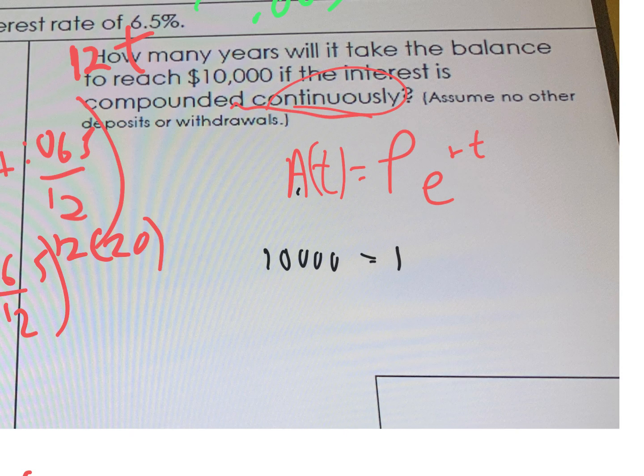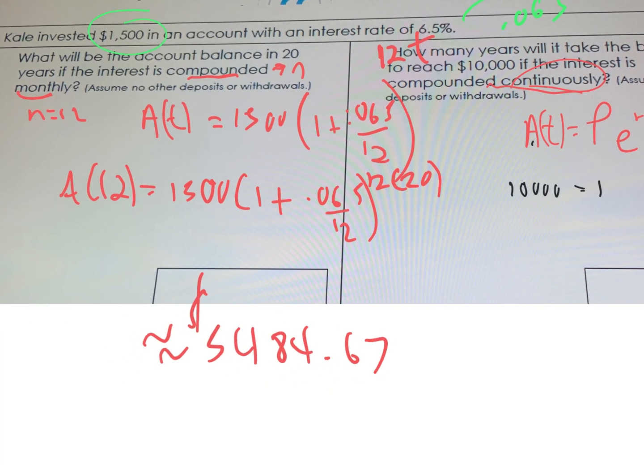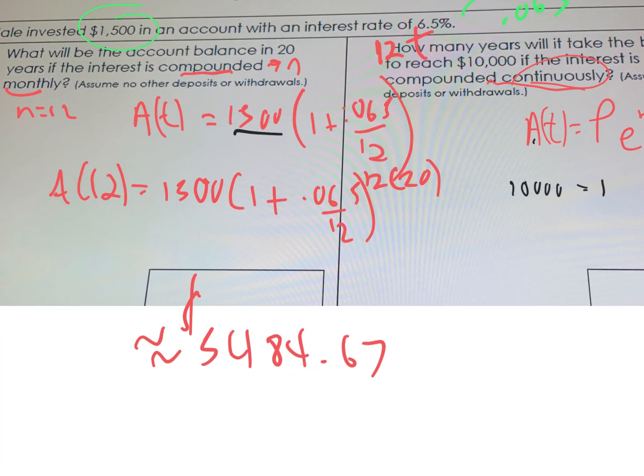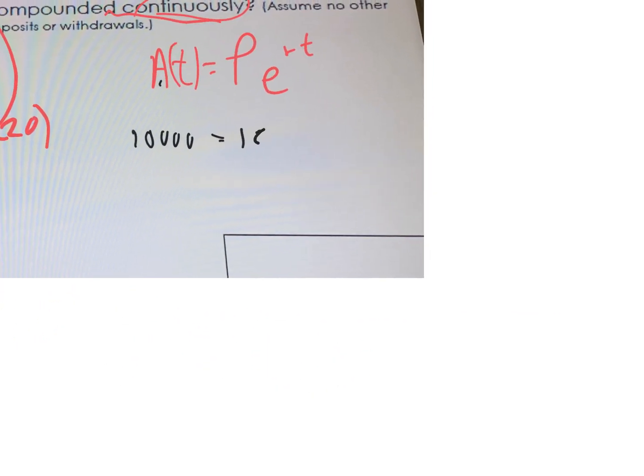It's on the paper. Read the top line. Yeah, 1,500, and we wrote it over here on this problem. That stayed the same. So we're investing 1,500. My interest rate is 0.065. And how much time do I need? That's what we're trying to find out.